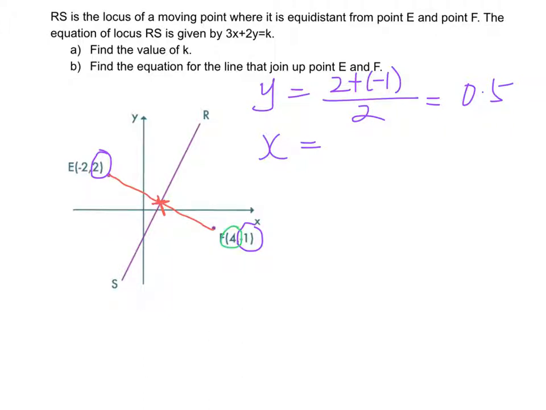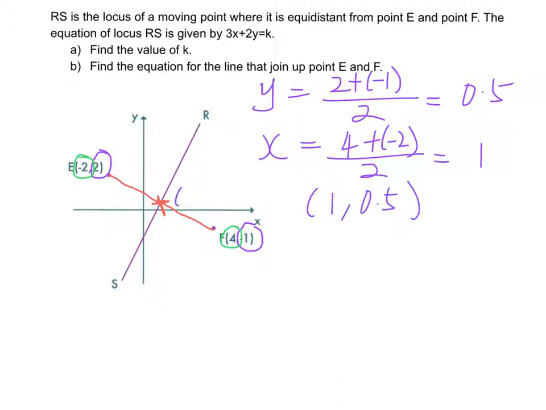We add up the x coordinates, so 4 plus -2, and then we divide it by 2. 4 plus -2 is 2. 2 divided by 2 is 1. So the midpoint is (1, 0.5).